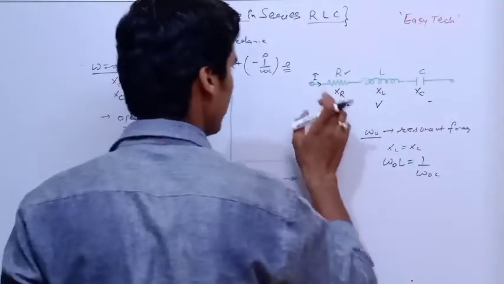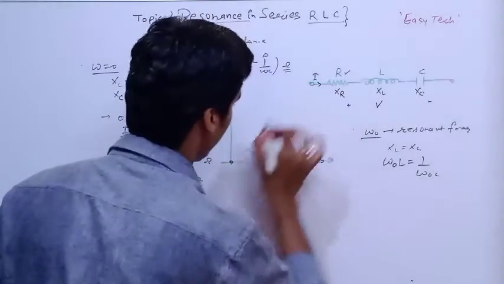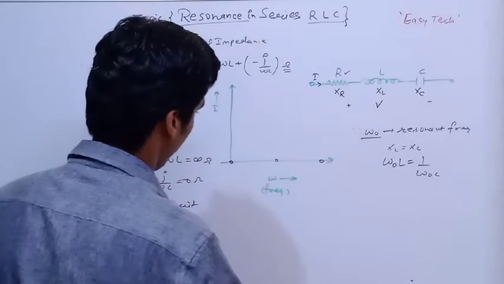So due to R there is a finite current. So in this middle value there is a finite current. So you can make the graph like this.